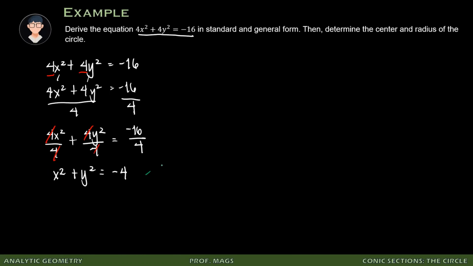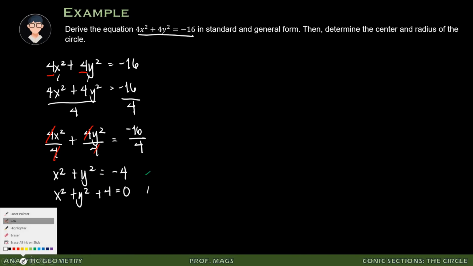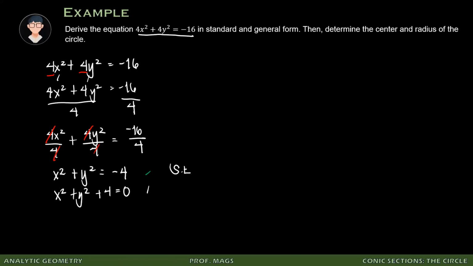In general form, you can also write it as x squared plus y squared, lipat mo lang itong -4 sa kabila, it will become +4 equal to 0. But when you're asked to graph the problem, wala kayong i-graph since ang radius natin ay imaginary. This is our standard equation. This is our general equation.